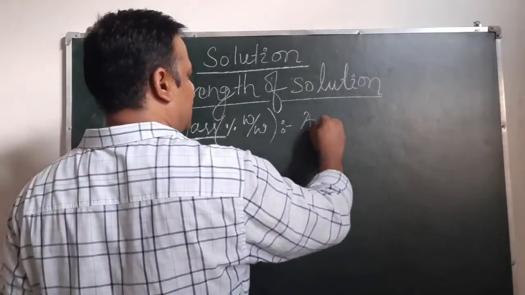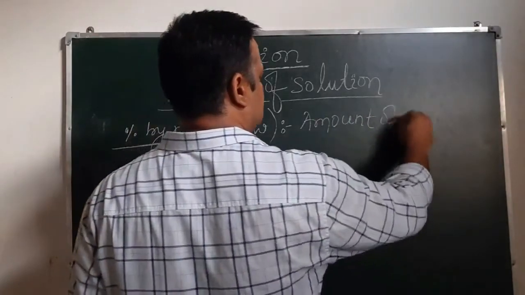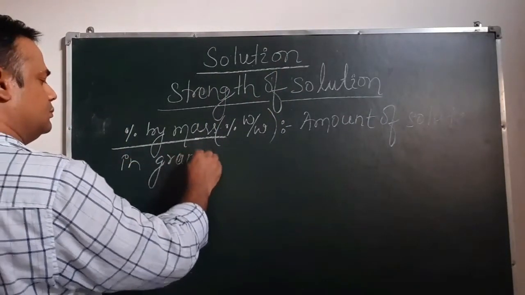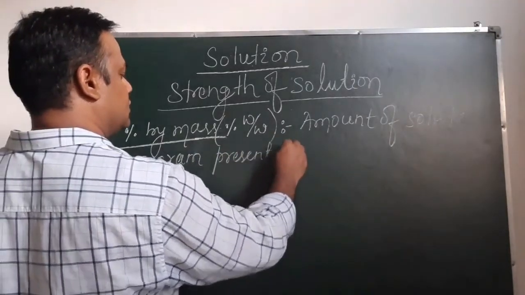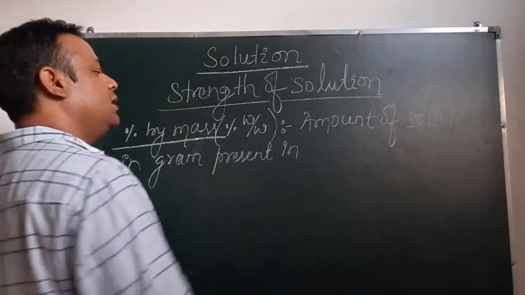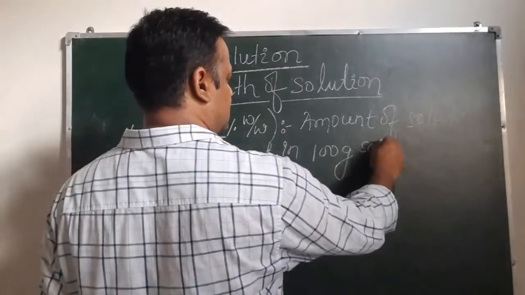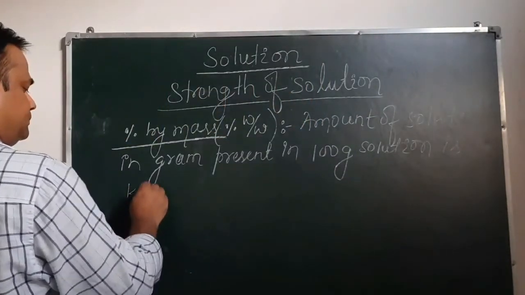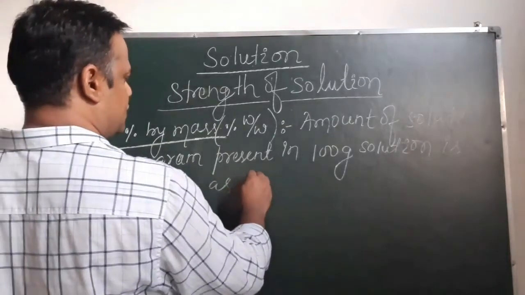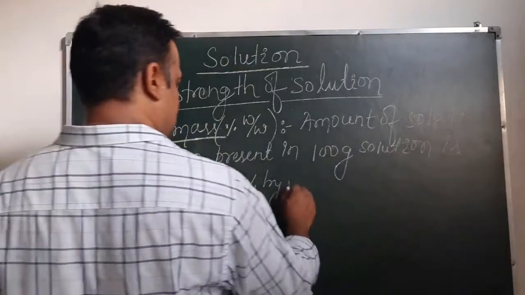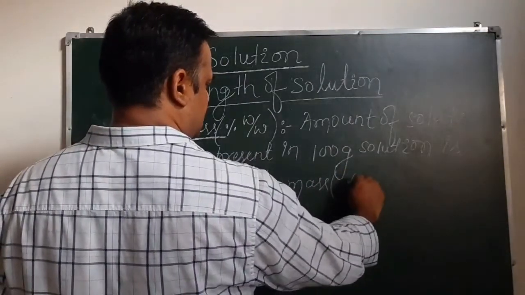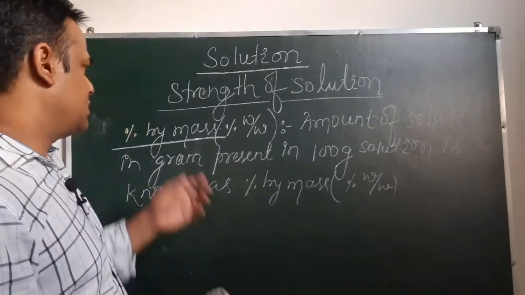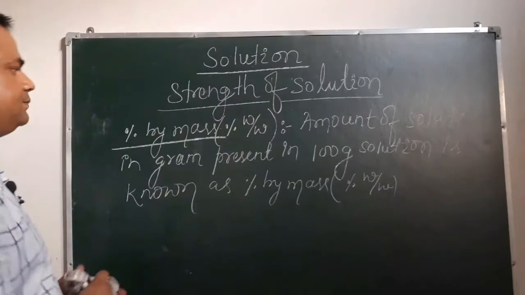That is, amount of solute in gram present in 100 gram solution is known as percent by mass, and percent W by W. यानी अगर हम 100 ग्राम सॉल्यूशन लें तो उसके अंदर कितने ग्राम सॉल्यूट डिज़ोल्व हैं, that is percent by mass, percent weight by weight. This is mass by mass.